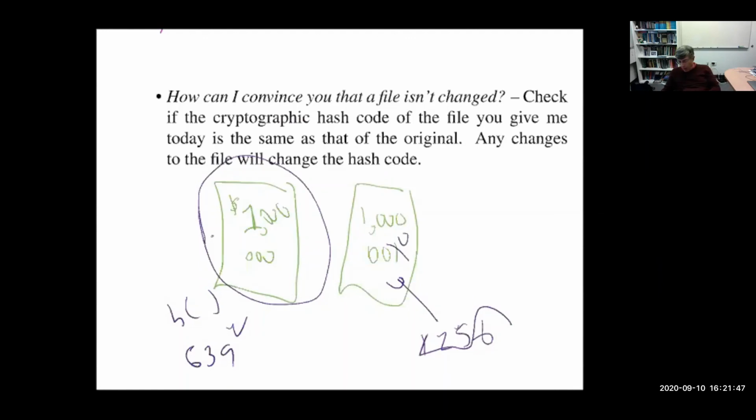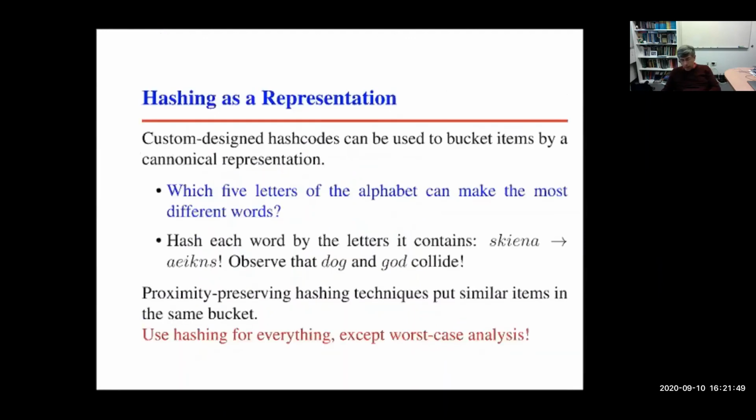Okay, so let me give one last example of how you might use hashing. The idea of hashing is you can take a big thing and map it to a small thing that means something.